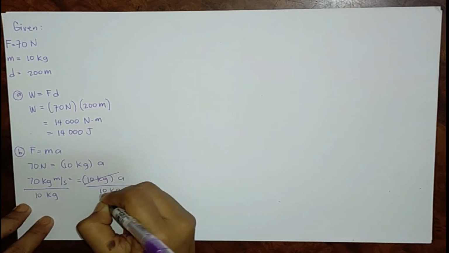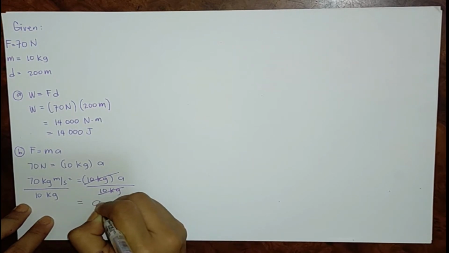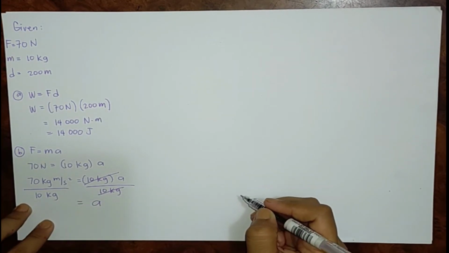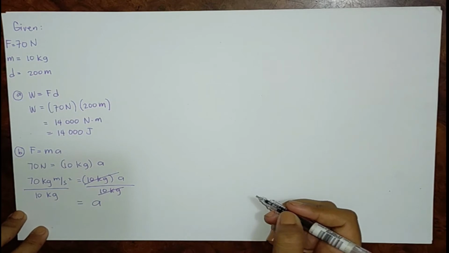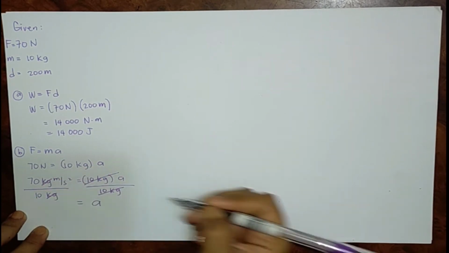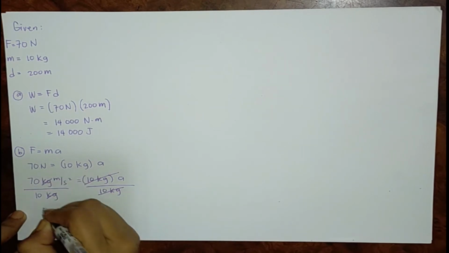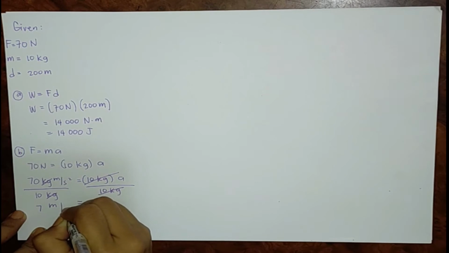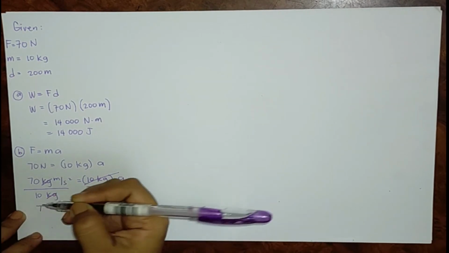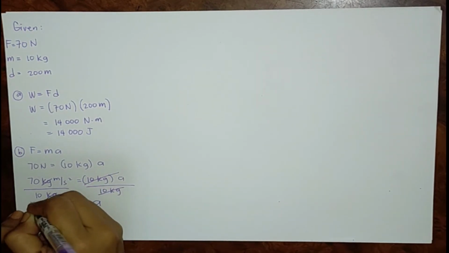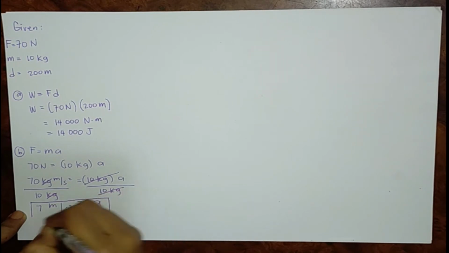So cancel this. We have the variable a left on the right side, and cancel the unit kilograms on the left side. So 70 divided by 10 is 7, and copy the unit meters per second squared. And this is now the acceleration of the block.